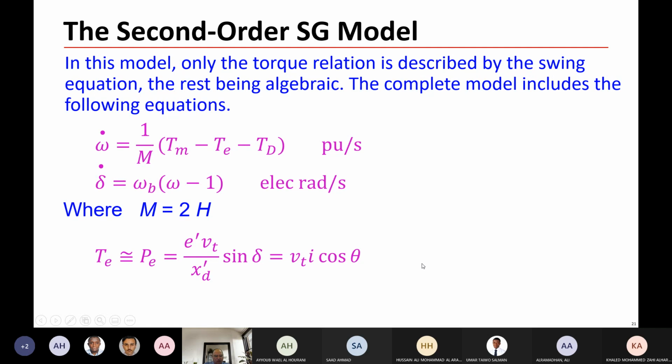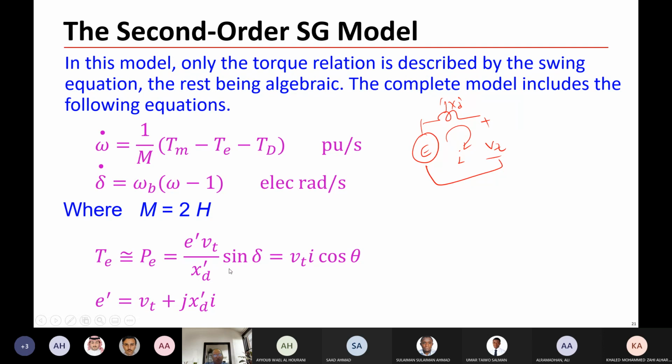So these are some algebraic equations: E prime equal to Vt plus current multiplied by jXd prime. This is E prime, and you have jXd prime and this is Vt here. So this is the equivalent circuit for the second order model. These are two algebraic equations in addition to, of course, two differential equations.